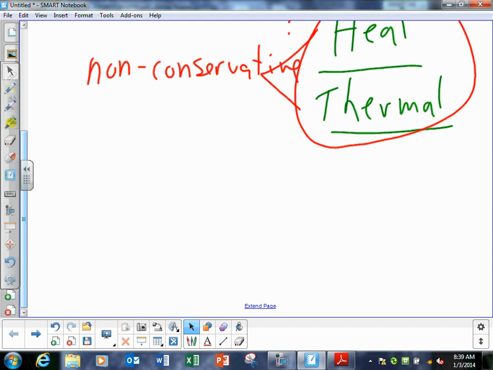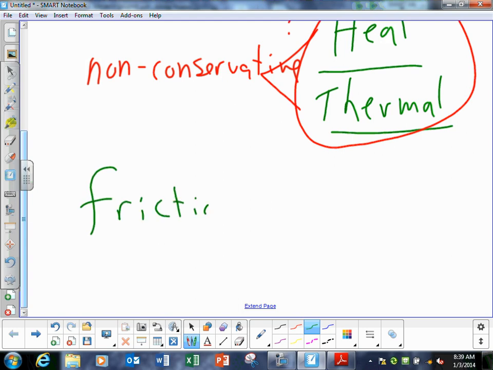Friction, which causes increase in heat or thermal energy. And you can measure that by temperature. So, then we would say friction is this go-between. A friction force is a go-between that takes away from mechanical energy and adds to this thermal or heat energy. So this is definitely non-conservative.